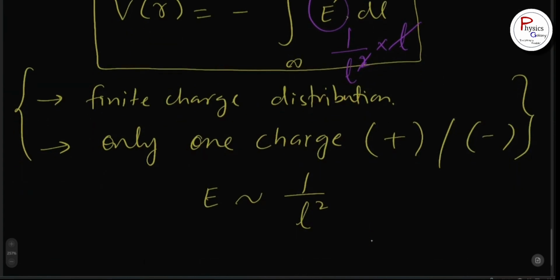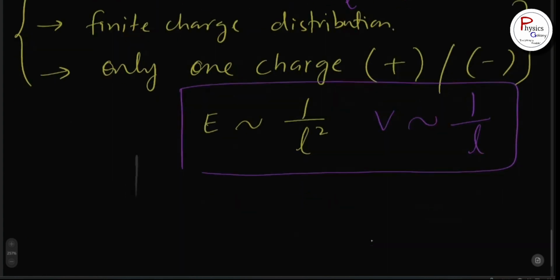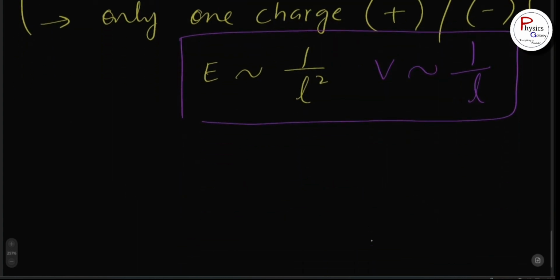So in this case, the potential will always vary as 1 over L. So suppose you have some question regarding a cylindrical charge distribution, and the questioner asks what is the form of potential at some sufficiently large distance. You can guess that the potential will vary as 1 over the distance, suppose r, and the electric field will vary as 1 over r squared.